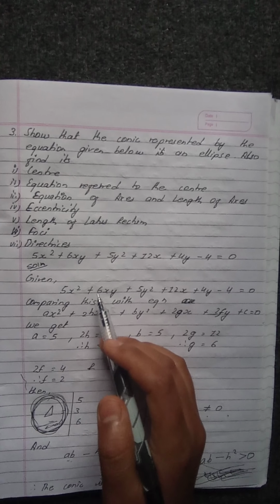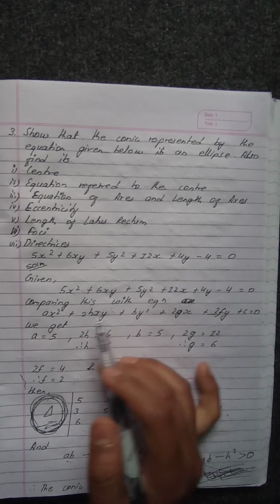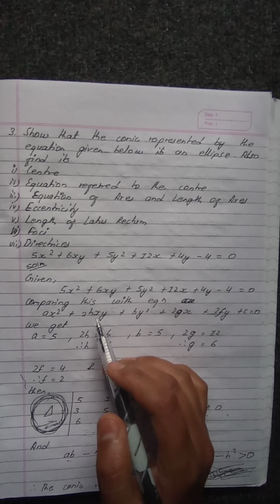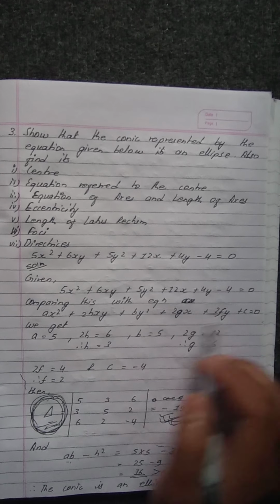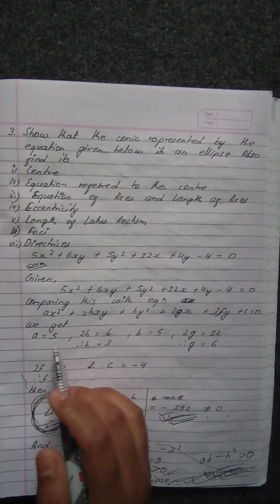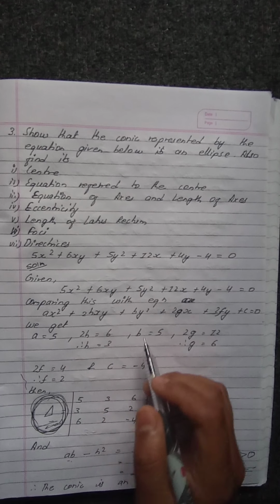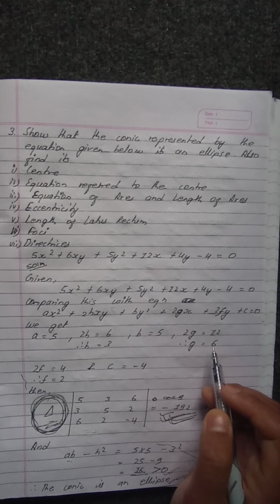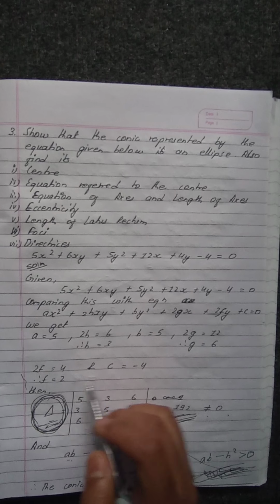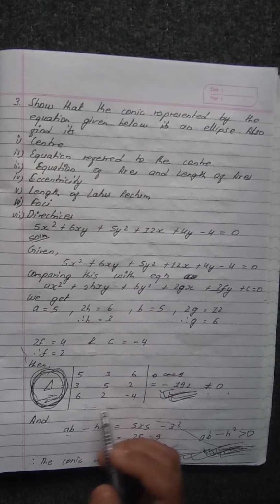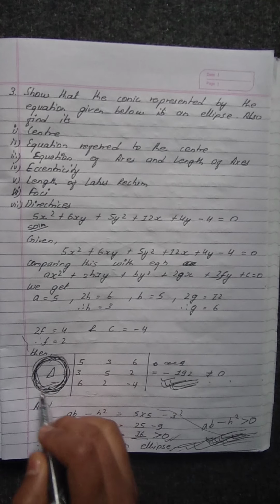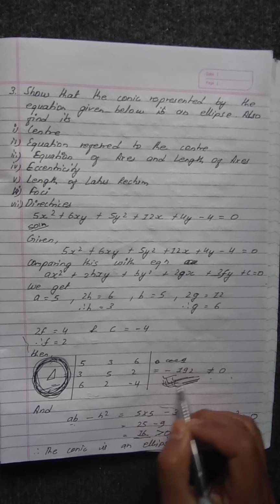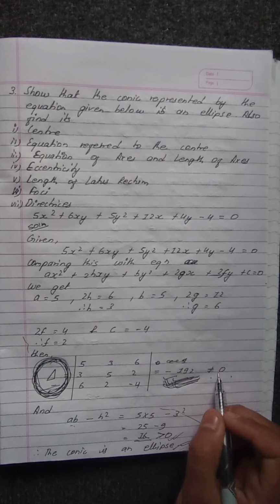Now we compare this equation with ax square plus 2hxy plus by square plus 2gx plus 2fy plus c equals 0. We get the value of a as 5, h as 3, b as 5, g as 6, f as 2 and c as minus 4. Then we find the value of this determinant, which is minus 192, which is not equal to 0.